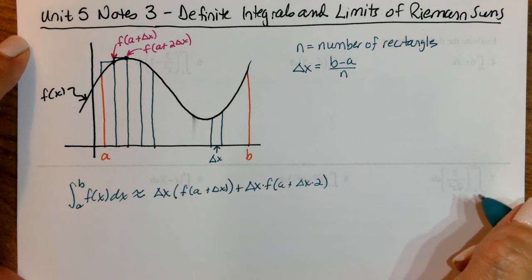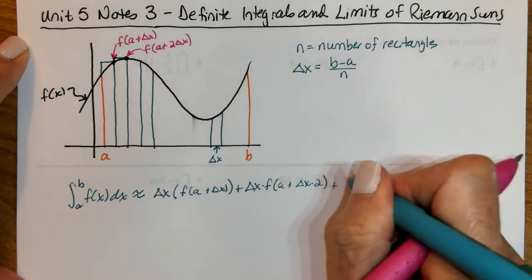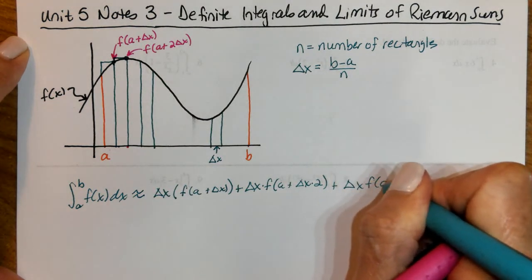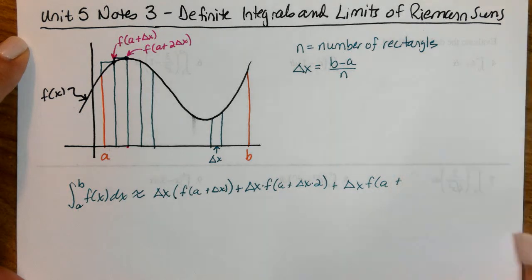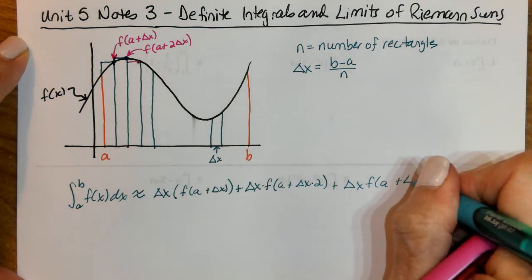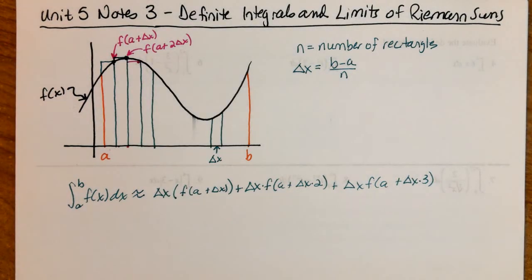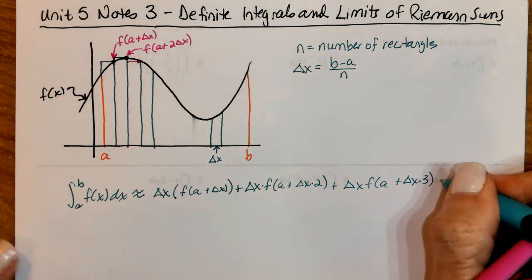And then we go to the next rectangle, we'd have delta x times f of a plus, the next one would be a plus delta x times 3, or 3 delta x, right? And then we can keep on going.